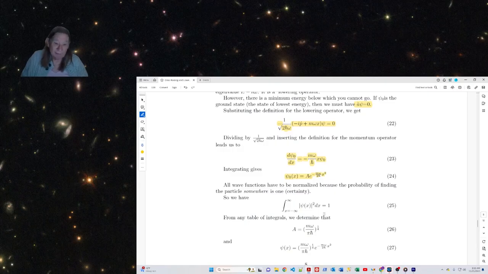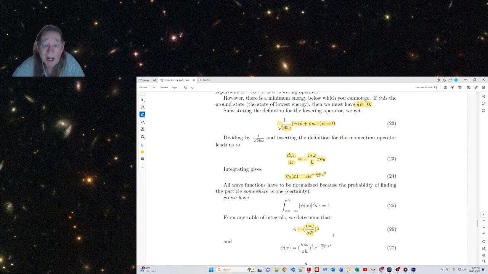If you sum that up over all possible locations from minus infinity to plus infinity, you have to get 1, which is certainty, because the particle is certain to be somewhere. We just don't know where, but we know that it has a location in space. So equation 25 is the normalization condition, and it has to hold true, and it determines the value for A. If you do the integral and plug it in, this is what you get for A.